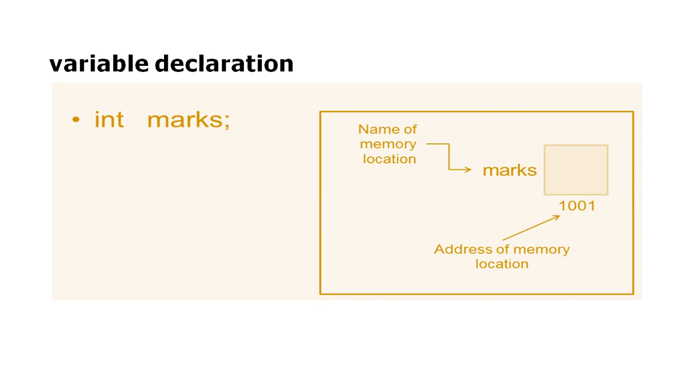So marks is a variable name and int is a data type. Inside, in the process, for each and every variable there is a unique address.